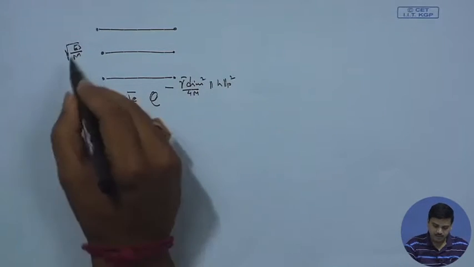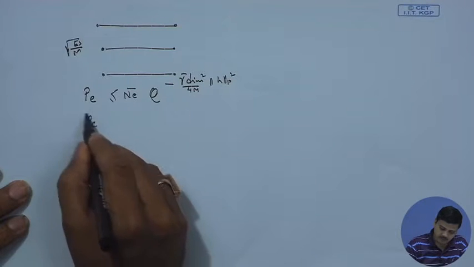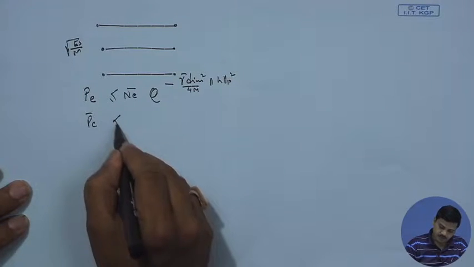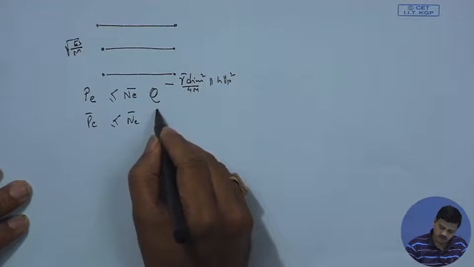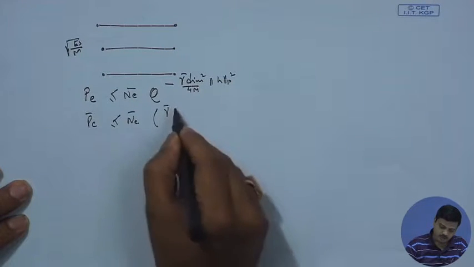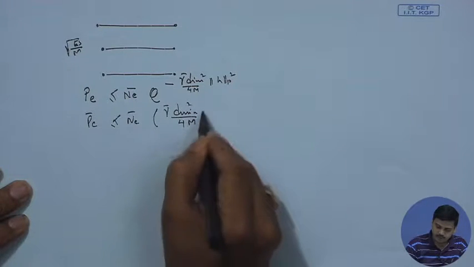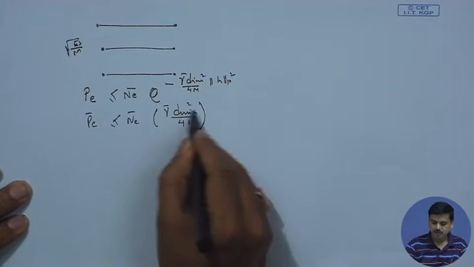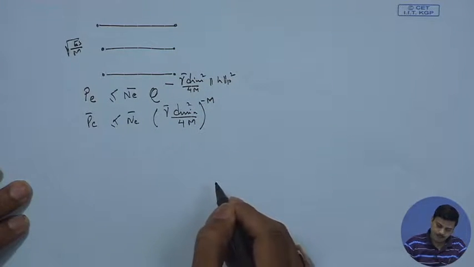This M is coming because of this M over here, and when we carried on to calculate P_e bar, we had found this to be N_e bar using the MGF method or whatever method you would like to use. Gamma bar d_min squared by 4M, and last time we explained this could be beta M by 2M to the power of minus M, right?